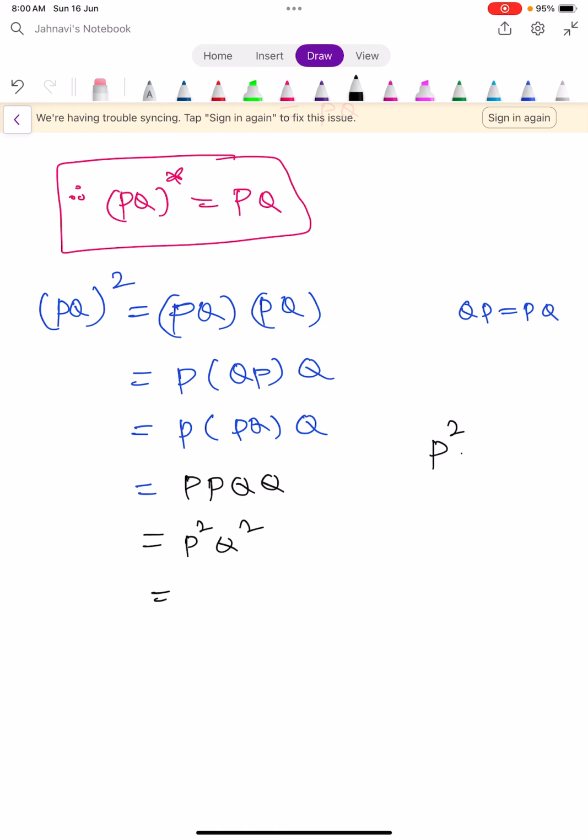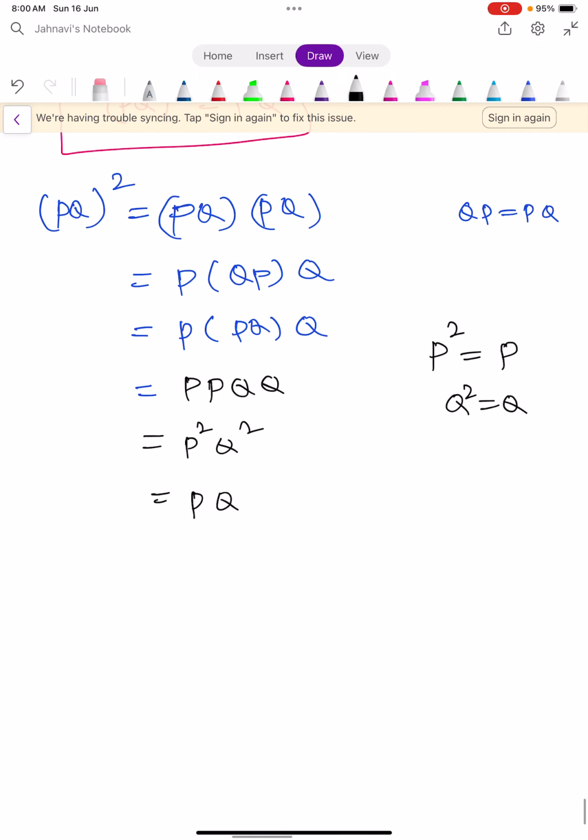Again, we said that P square is equal to P, Q square is equal to Q, so you simply write PQ. So we prove that (PQ) square is equal to PQ. This is nothing but an idempotent operator. Already we proved that (PQ) star is equal to PQ.